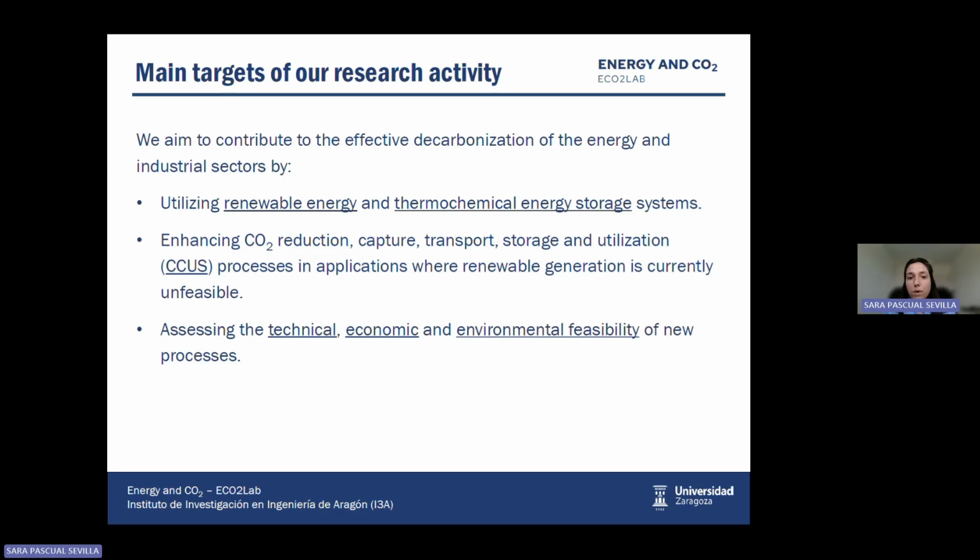And then the third one, always evaluating the technical, economic, and also the environmental feasibility of the proposed solutions.